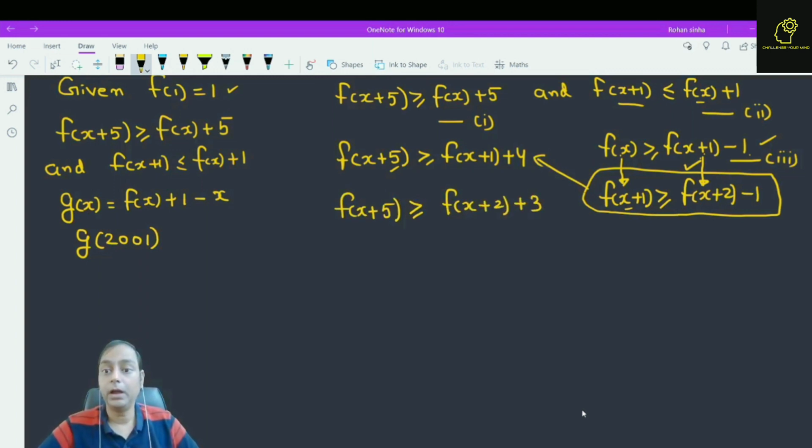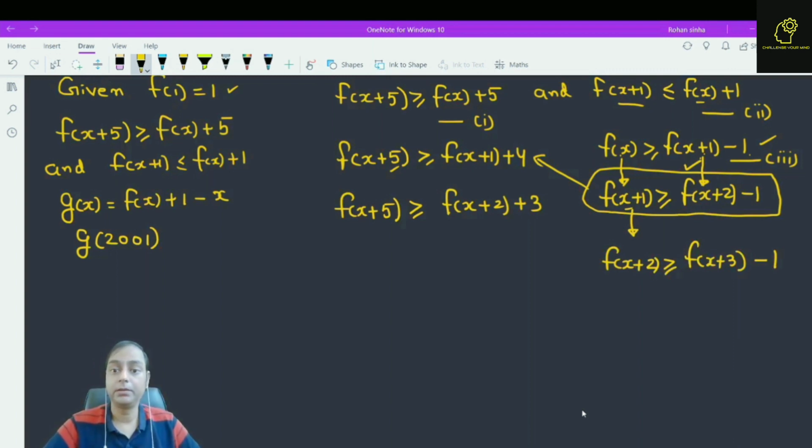Now if you again replace x with x+1, what do you find? f(x+2) is greater than or equal to f(x+3) - 1. Again replacing in this equation, we find f(x+5) is greater than or equal to f(x+3) + 2.